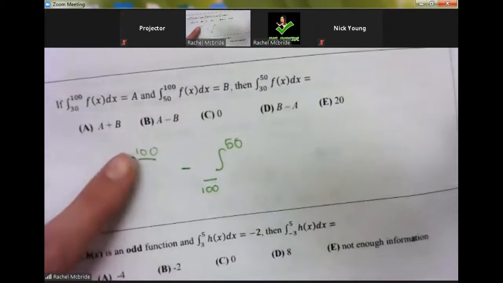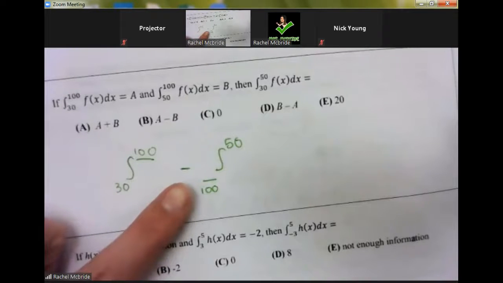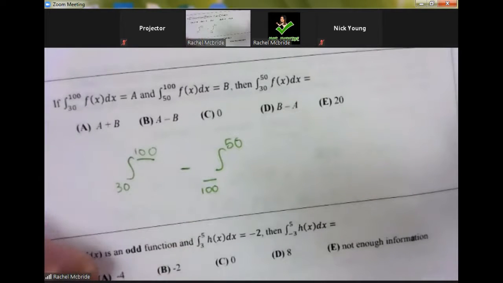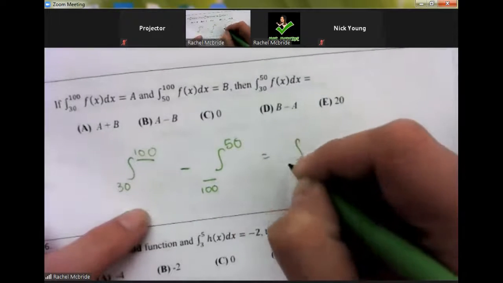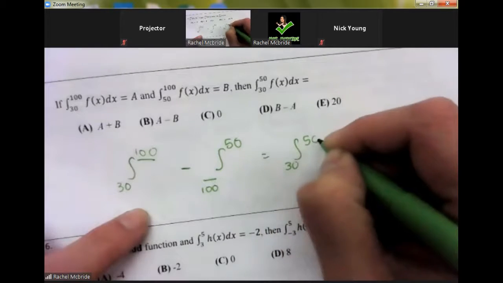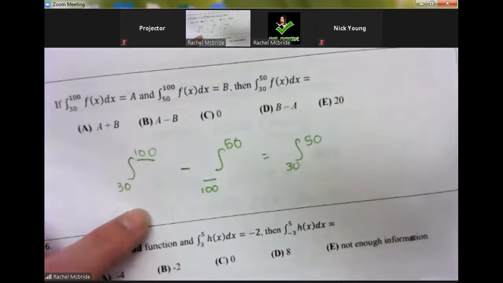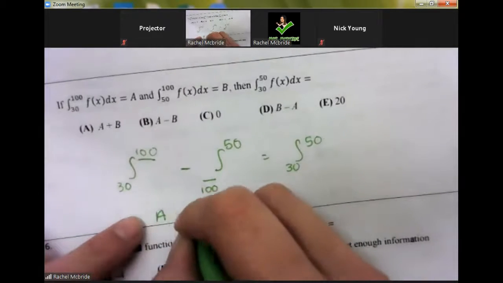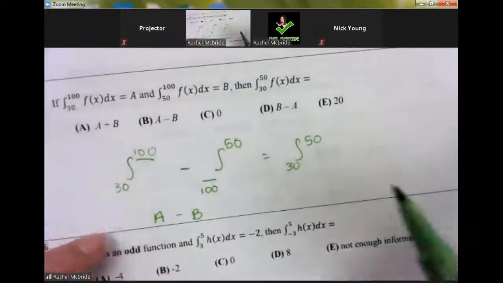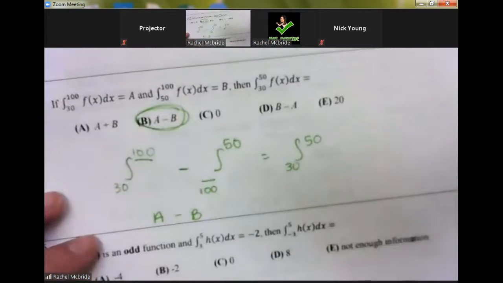So it would be 30 to 100 minus 100 to 50. And that would get you to 30 to 50. So that would be A minus B, which is choice B.